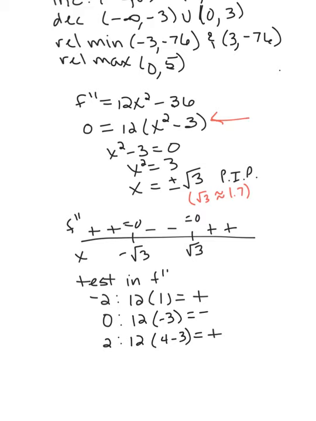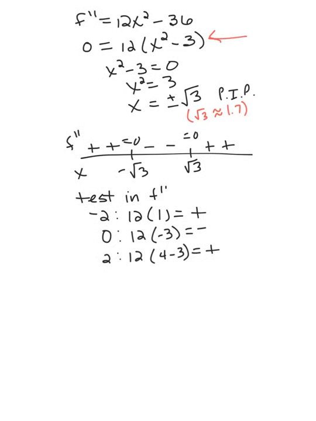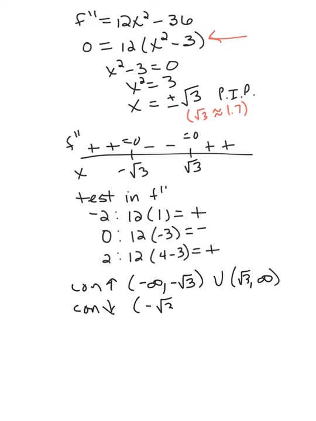So the right side of radical 3 is positive. We now know that we are concave up from -infinity to negative square root of 3, and again from square root of 3 to infinity. We are concave down between negative square root of 3 and positive square root of 3.